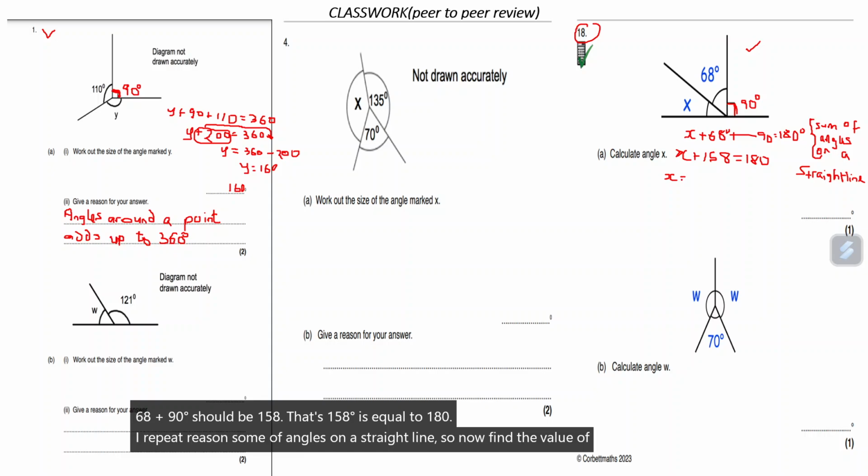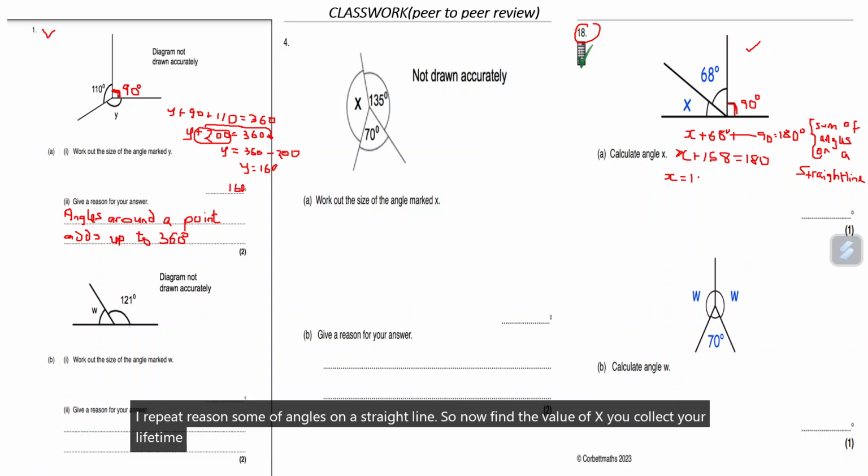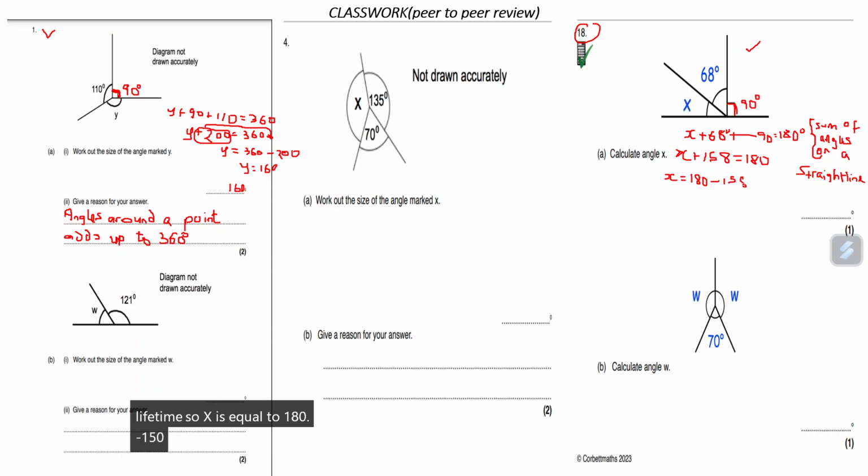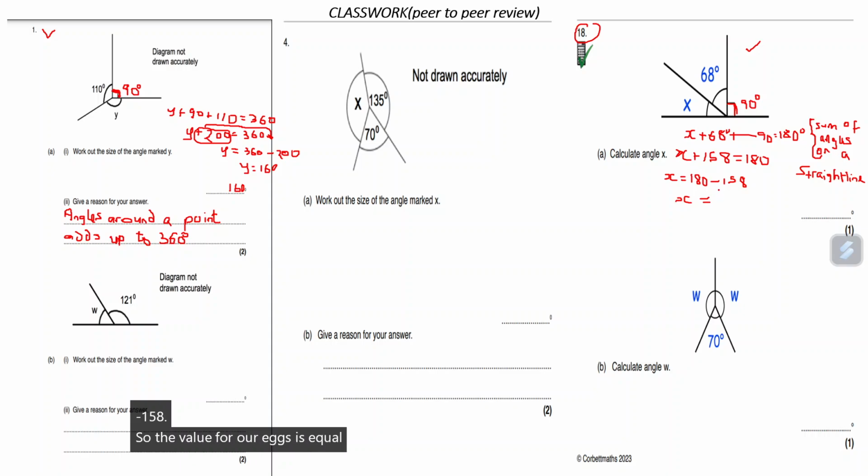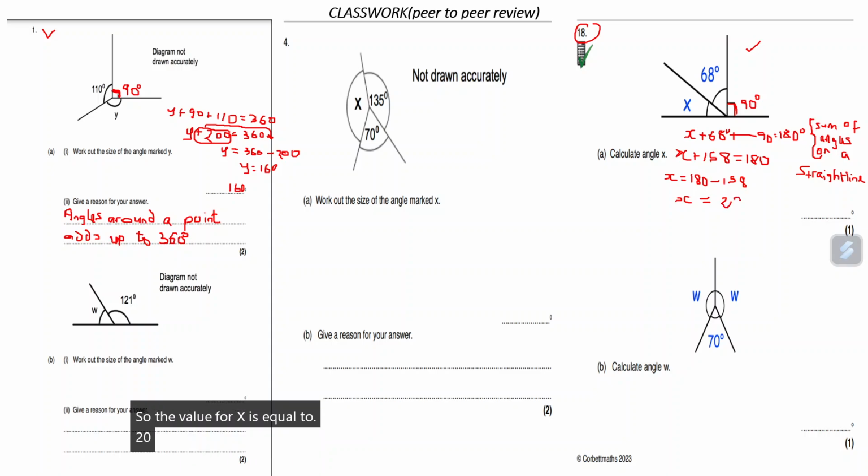You collect your like terms, so x is equal to 180 minus 158. So the value of our x is 22 degrees.